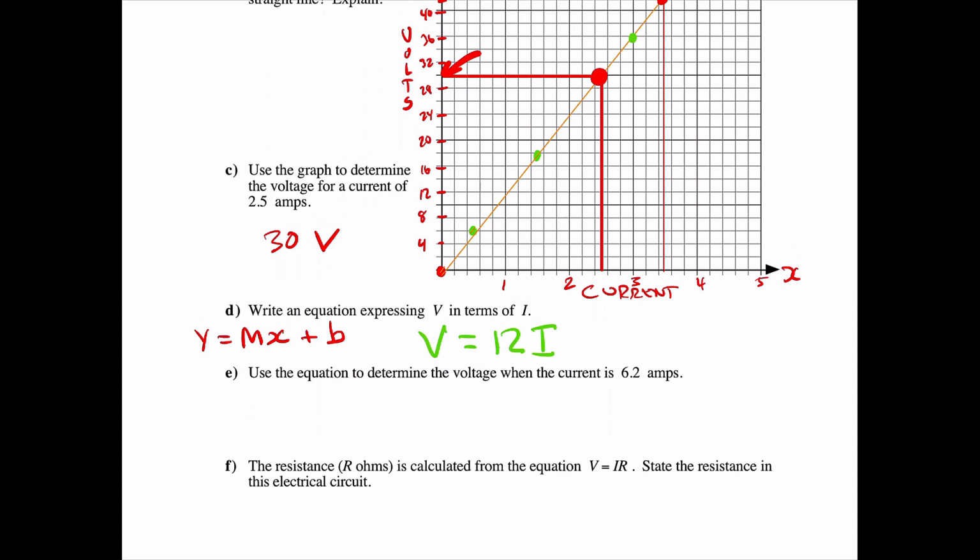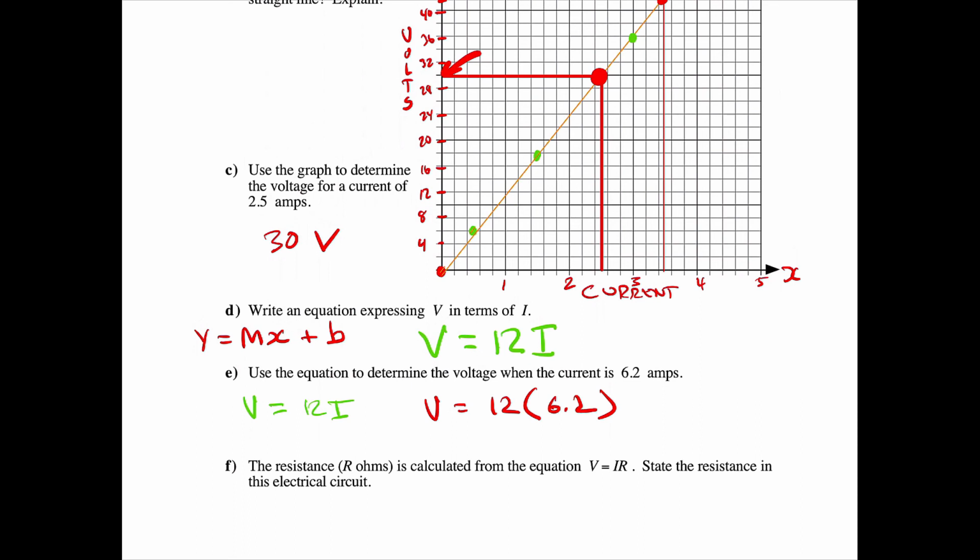Okay, and now that we've got this formula, it's telling us to use the equation to determine what is the voltage if the current is 6.2. So basically, I'm just taking my formula, V equals 12I. It tells me that I've got a current of 6.2 amps, and I'm just going to substitute it in there. So V equals 12 times whatever goes in I, which is 6.2.